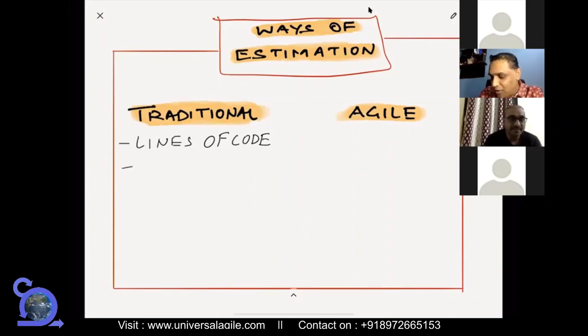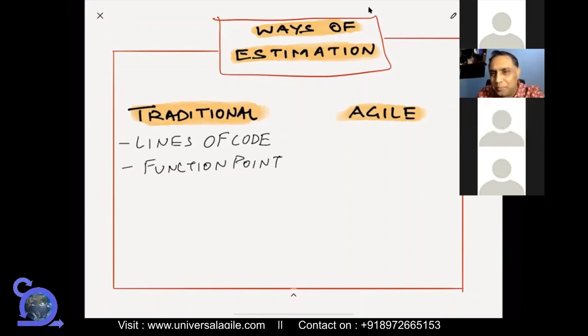Then things evolved. Anybody remember something called function point came? A little bit more scientific method? Yes, I do remember: breaking it down into smaller functions, identifying the screens, and then classifying them as simple, medium, or complex and giving numbers to them.